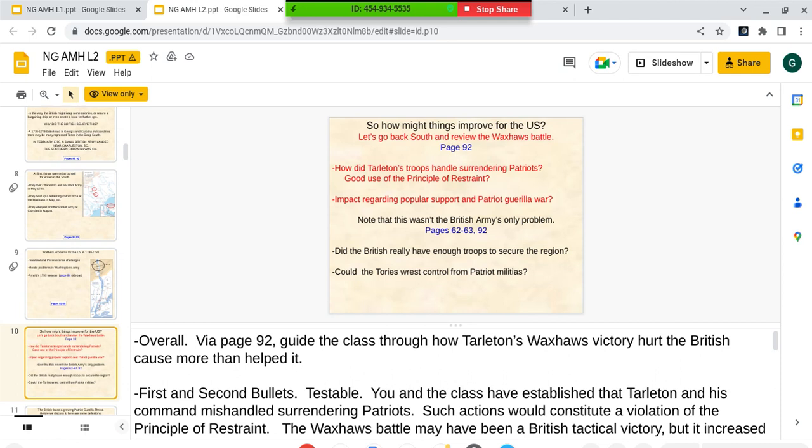So that's why the principle of restraint is so important, because a lot of times if you don't use restraint, it's not going to scare people, it'll just make them angry, and it'll start to move people against your cause, and you'll make more enemies if you fail to use restraint. That's why the Waxhaws battle was so important.